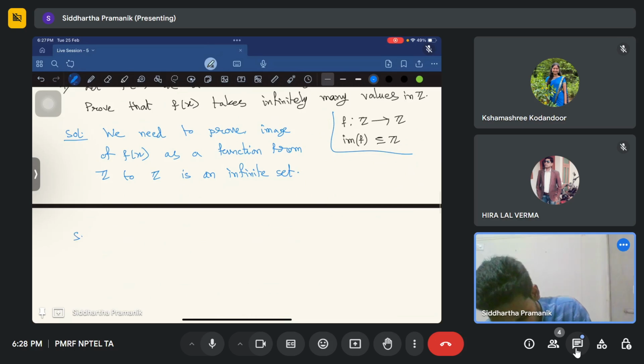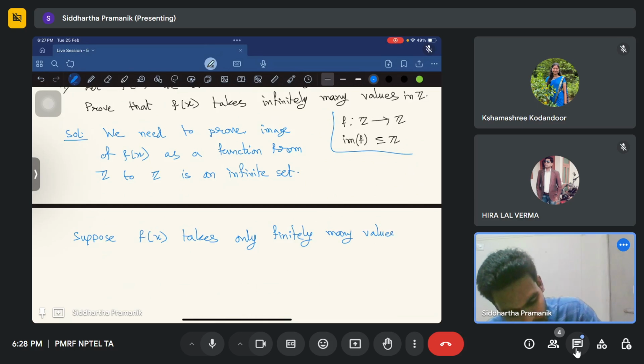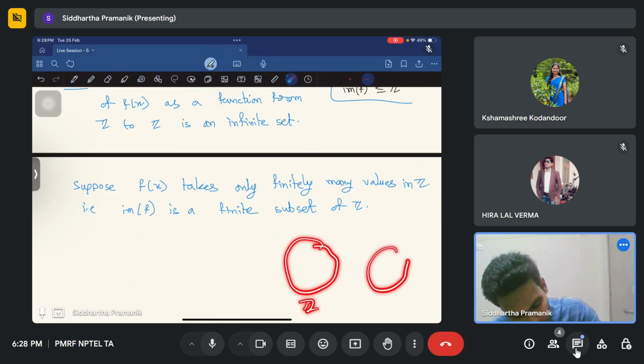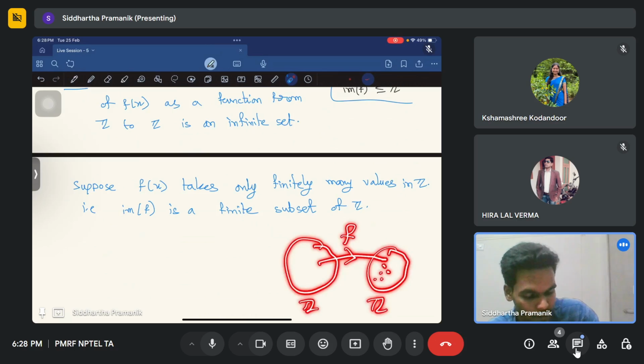So suppose f(x) takes only finitely many values in Z. So that means the image of f is a finite subset of Z. So here if you take Z, and here also if you take Z, this is your function f, and in your image only finitely many points are there.